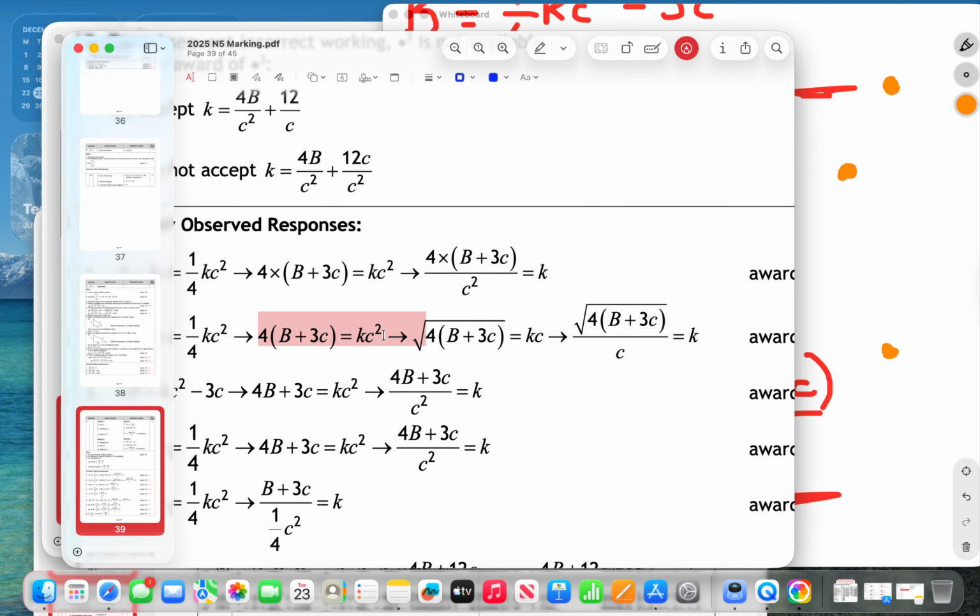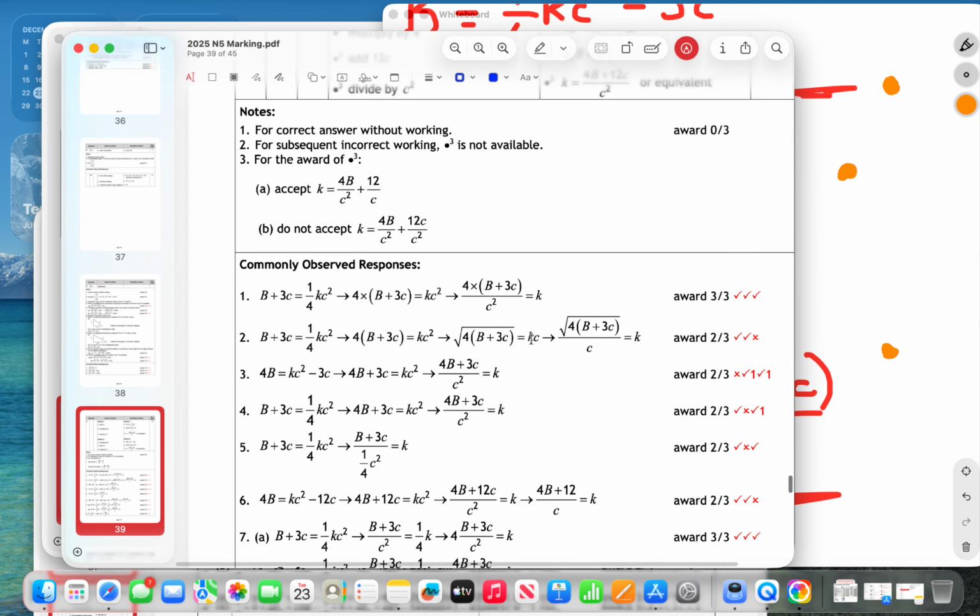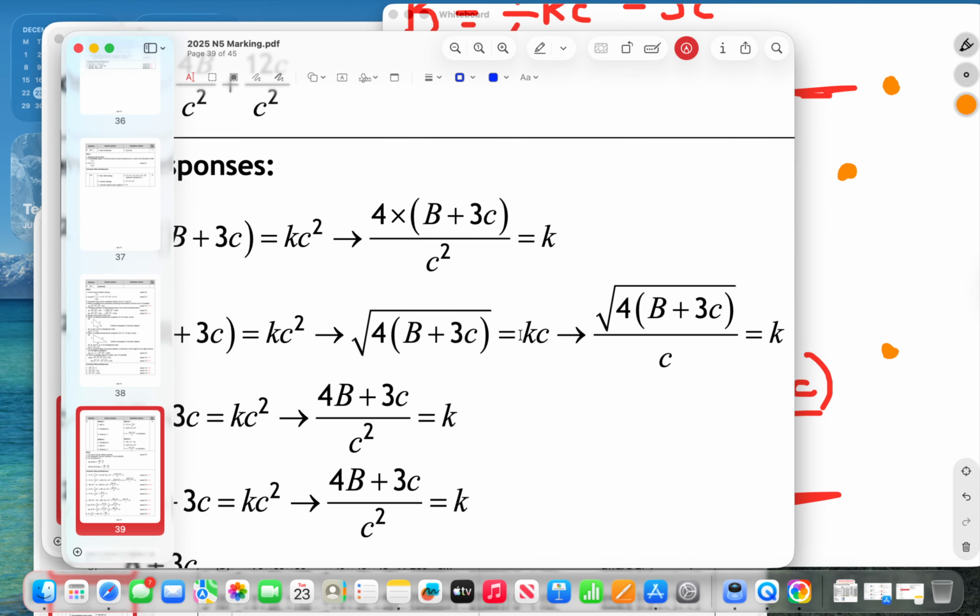You have this here, but you can't take the square root of that and take the square root of c squared, because you then have to take the square root of this k.